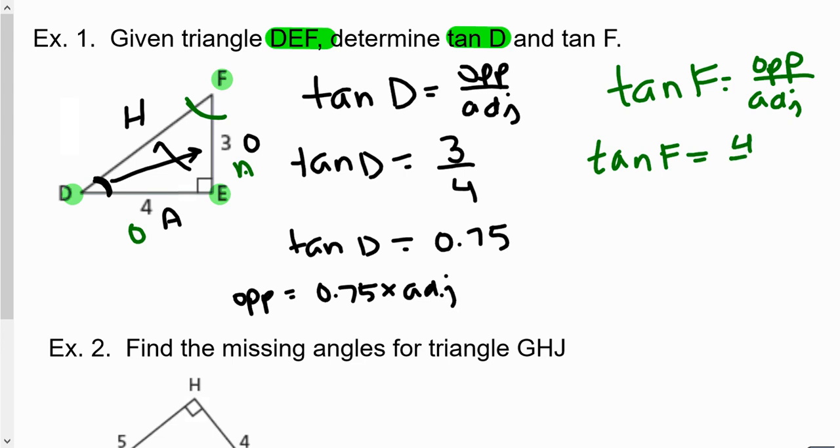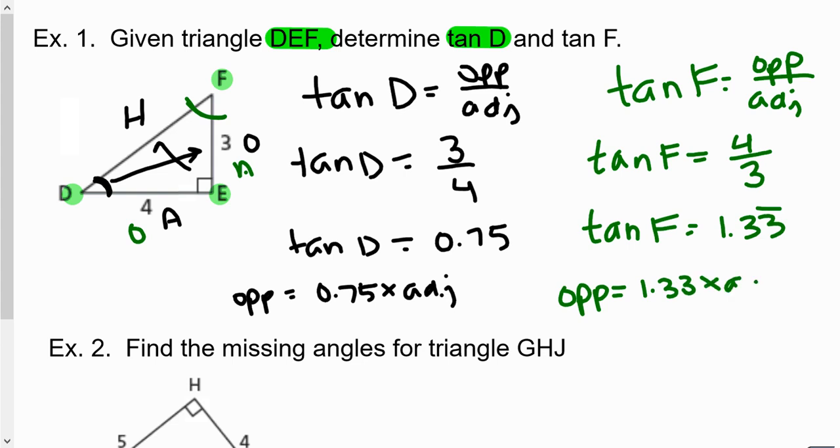It's 4/3. Or if I wanted to write that as a decimal, that's 1.33 repeating. That's telling us that from an angle of size F, the opposite side should be longer than the adjacent side. Right here, the opposite side length is 1.33 times the adjacent side length. It's longer.